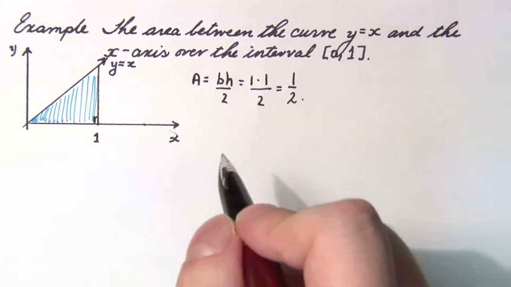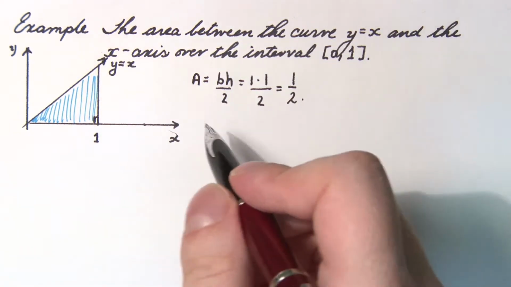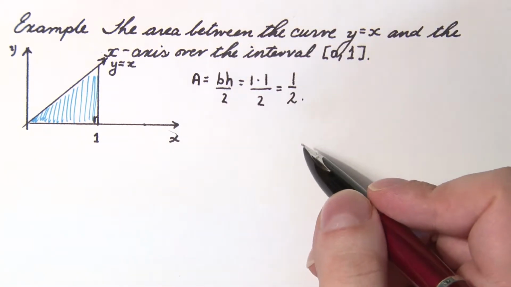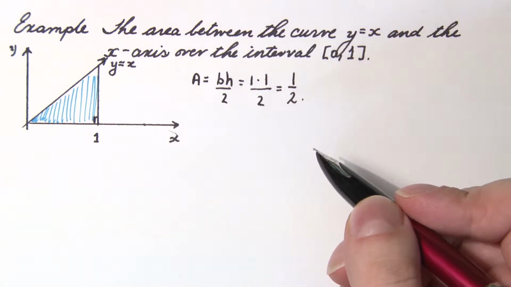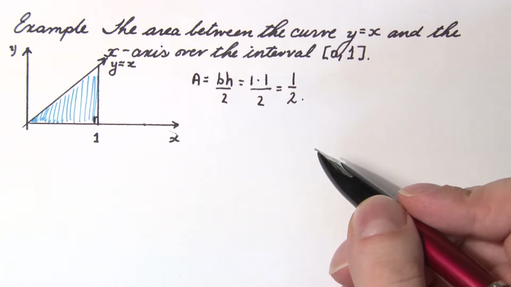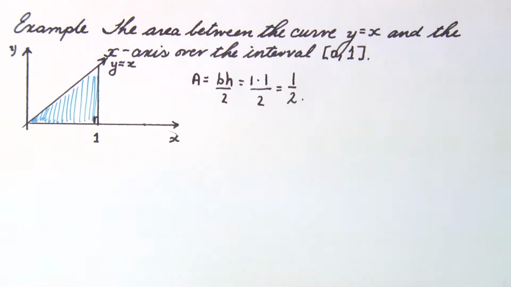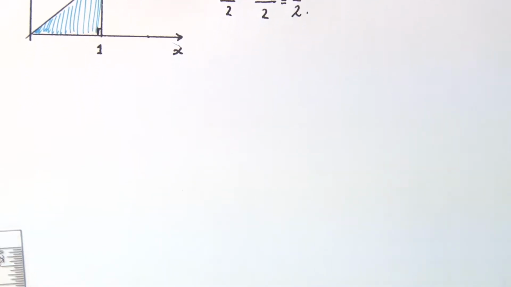Okay, so this is a very simple problem that we know what the answer is for, 1/2. And what I'm going to show you is a more complicated method that allows us to look at any curve. And what we can do is, the idea is to break this up into rectangles.